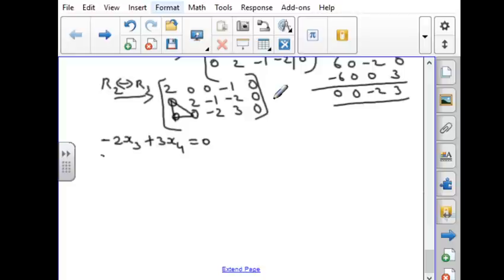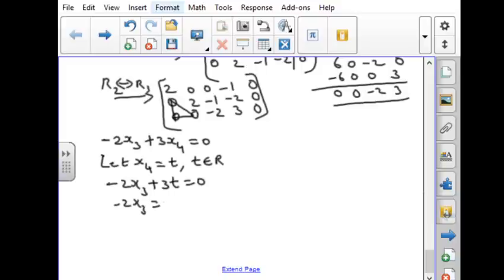Let x4 is equal to t, where t belongs to R; any alphabet can be taken. So this becomes minus 2x3 plus 3t is equal to 0, so minus 2x3 is equal to minus 3t. So x3 is equal to minus 3t by minus 2, which gives you 3 by 2 t.